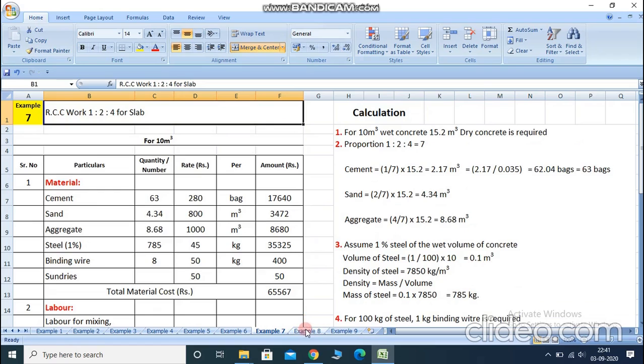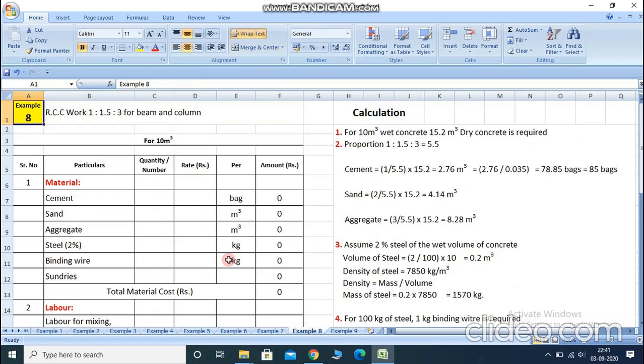Now we start a new example, example number 8. Here is RCC work for a beam and column of ratio 1:1.5:3. Clear? First we calculate the material. For 10 meter cube wet concrete, 15.2 meter cube dry concrete is required.